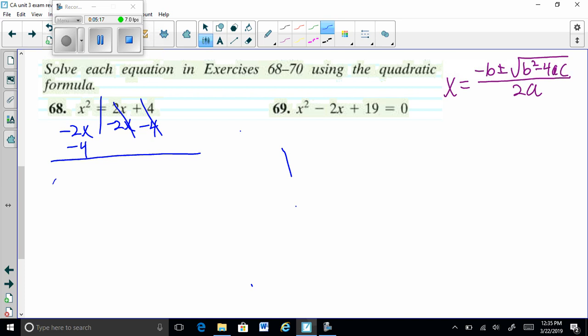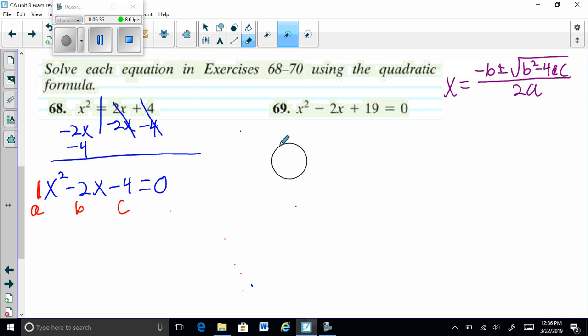What that does for me is I get x squared minus 2x minus 4 equals 0. And now I'm pretty much ready to go. So my a value is 1, my b value is negative 2, and my c value is negative 4.